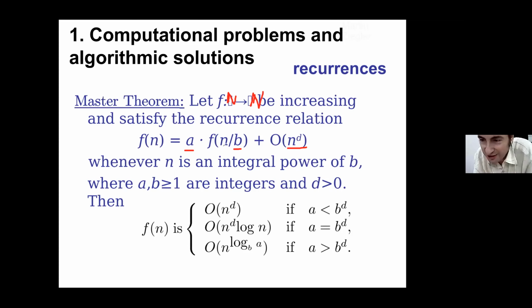Important here is that there is only one value of f on the right side. So when f is called recursively with different arguments, we cannot use it this way. But there are some situations where we are able to use the master theorem. It's a useful tool for estimating the growth of a function and then the complexity of algorithms.